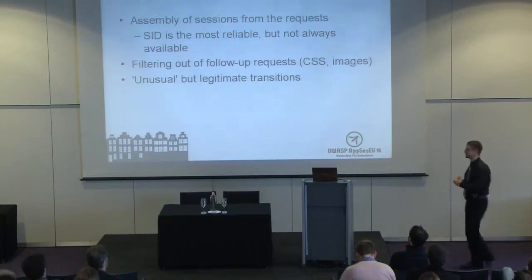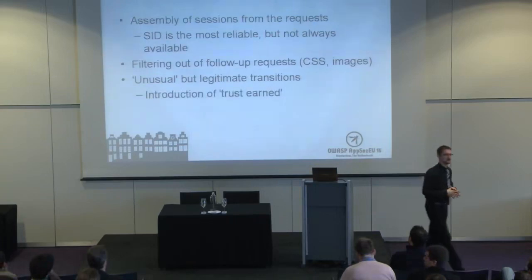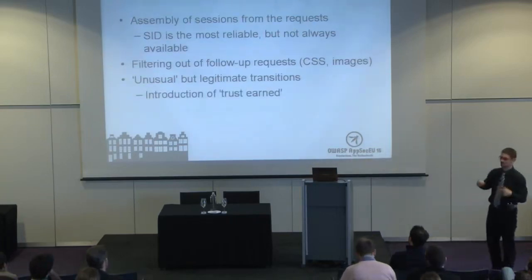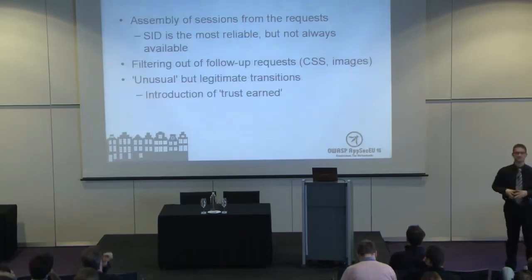For that, I propose we can use something which I call trust earned. If a user follows a number of transitions that fall into this legitimate category, he earns points.